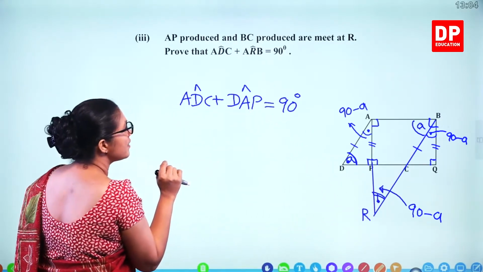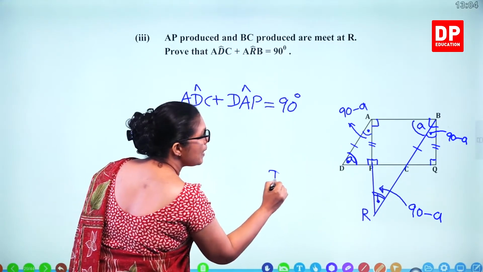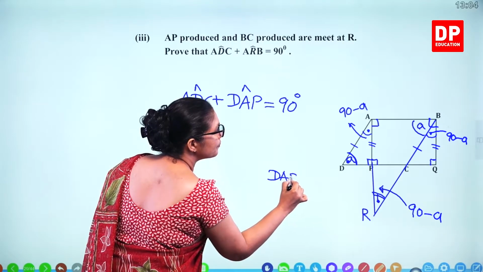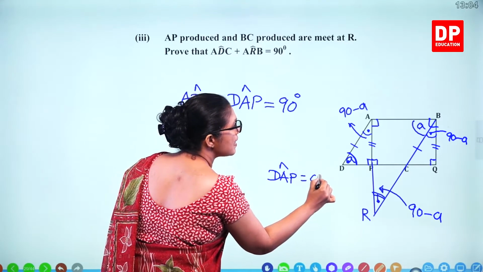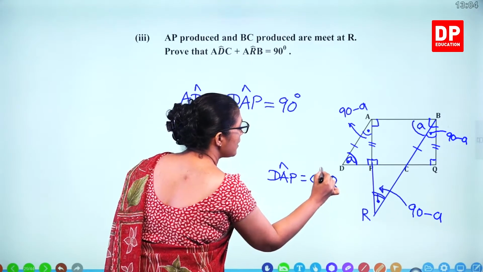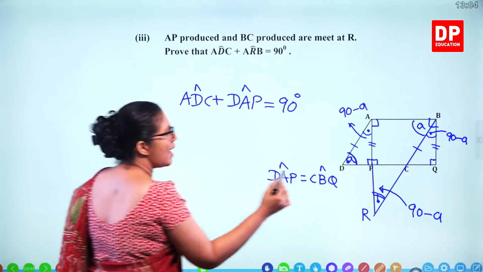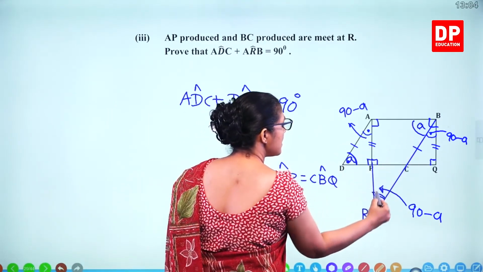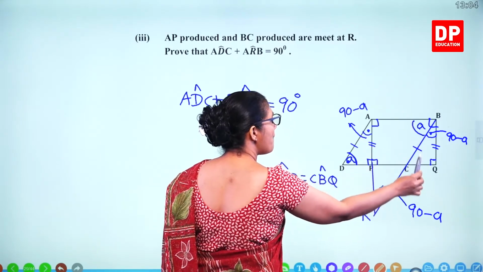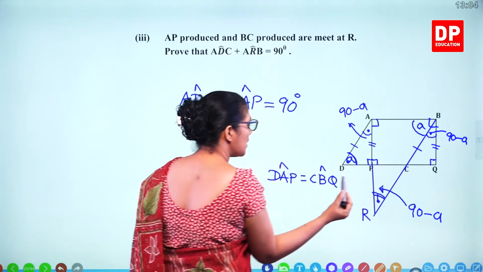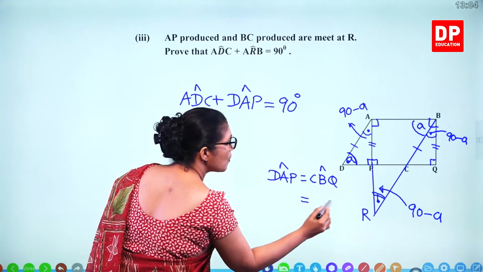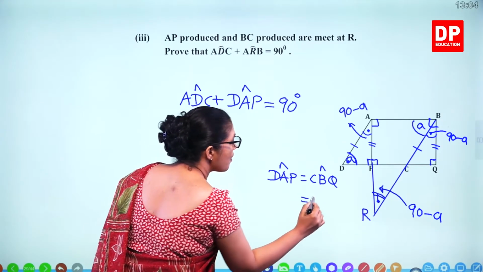So we can write now DAP same as angle CBQ. We proved that. And that's same as this angle because these two are parallel. Alternate angles are equal. And also this is equal to ARB.